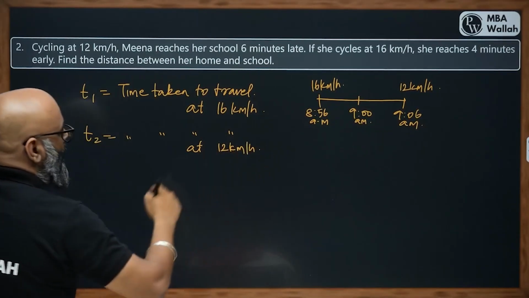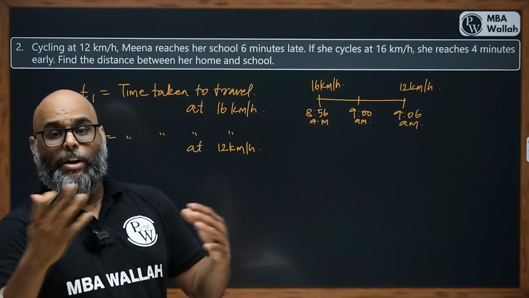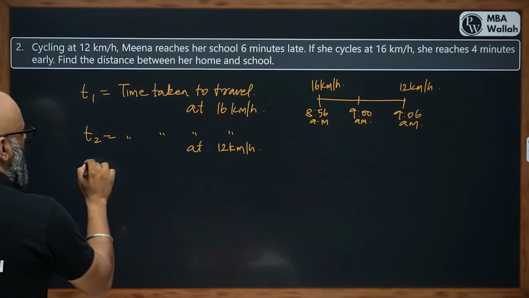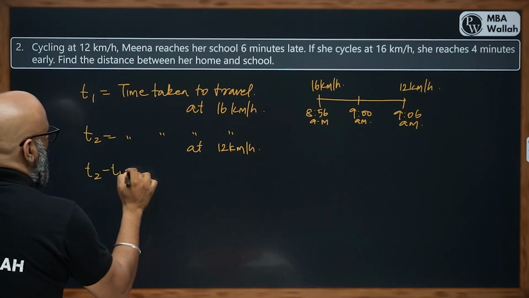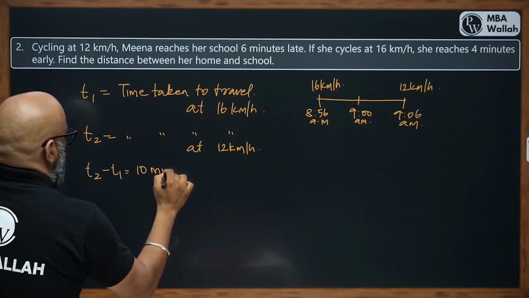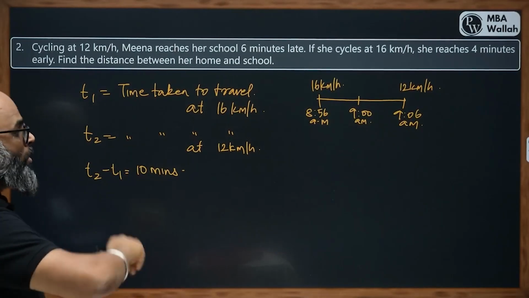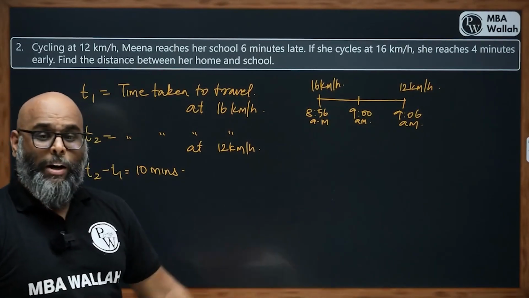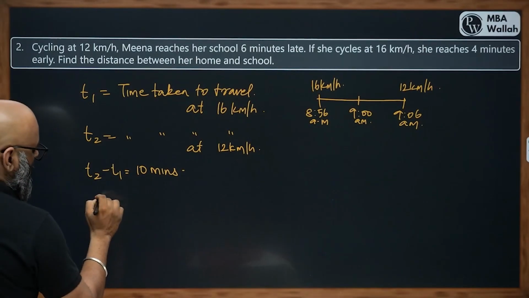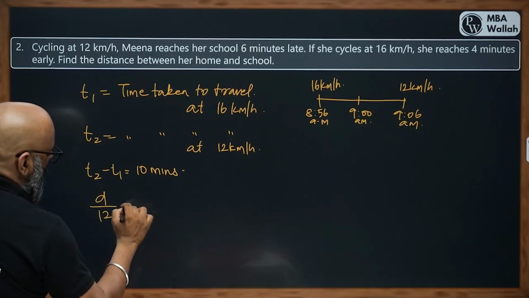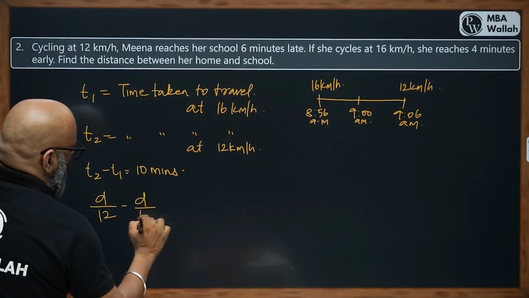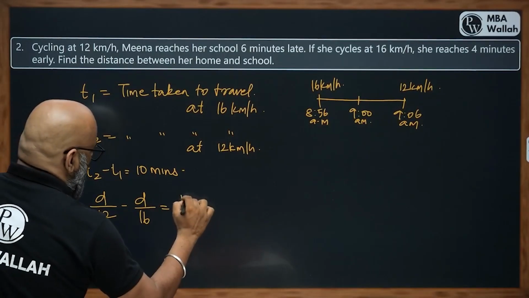We know that if you travel at 12 kilometers per hour, you will take more time, or we can say T2 minus T1 is equal to 10 minutes. Time taken to cover this distance at 12 kilometers per hour would be, we don't know the distance, so that will be d by 12 minus d by 16 is equal to 10.